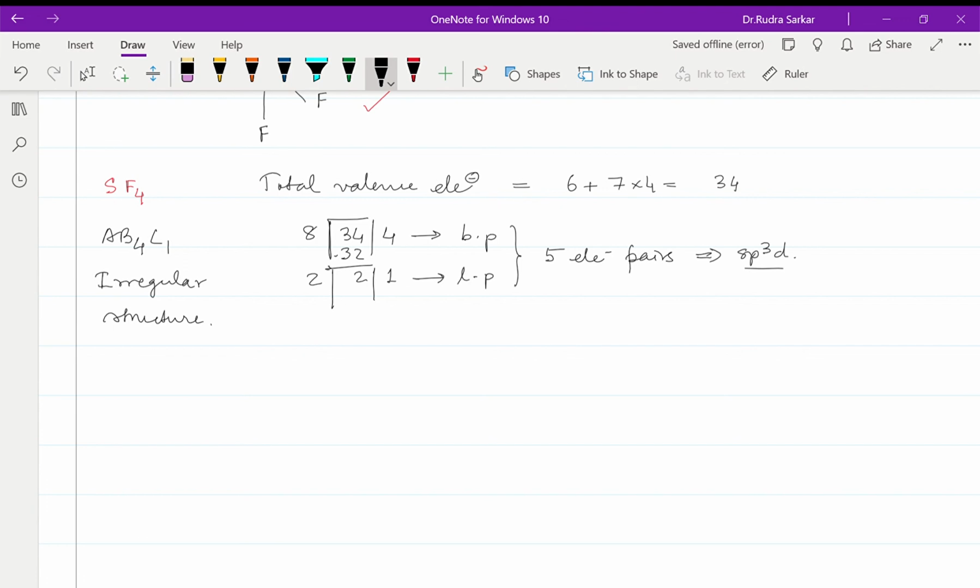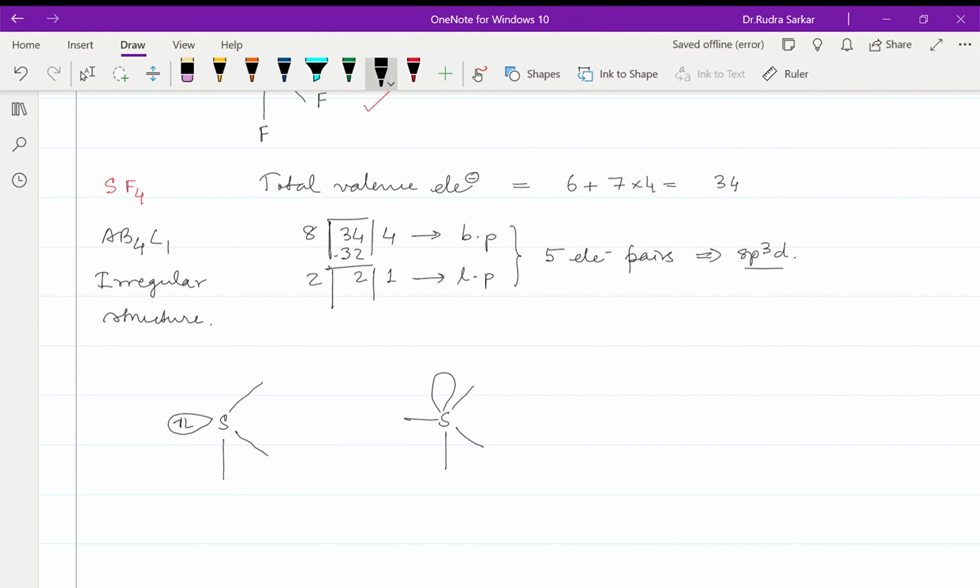Let's draw. Now over here we have sulfur as the central atom, and remember it has one lone pair, so we will draw the bonds. Now again the question is, do we place the lone pair on the equatorial plane, or do we place the lone pair in the axial plane like this?